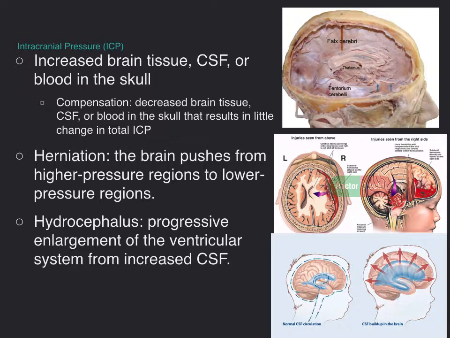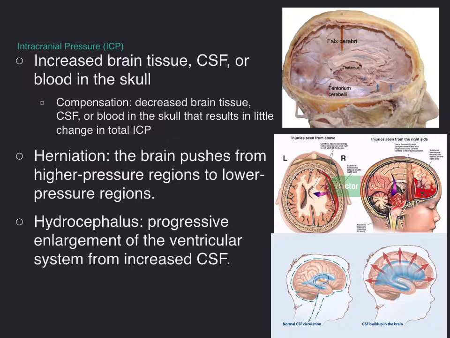When there's a herniation, the brain pushes from the higher pressure regions to lower pressure regions in the skull. And so we often see that as a result of hydrocephalus or other problems that increase the intracranial pressure.